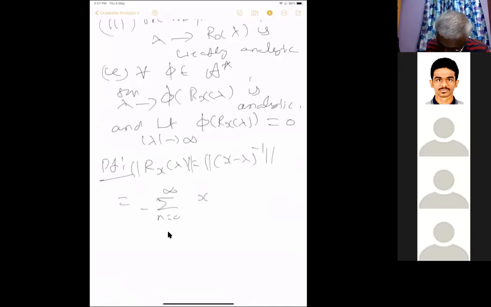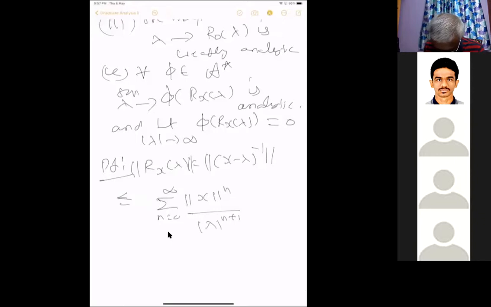This norm is less than or equal to the sum of norm x power n plus 1. There is no infinity.